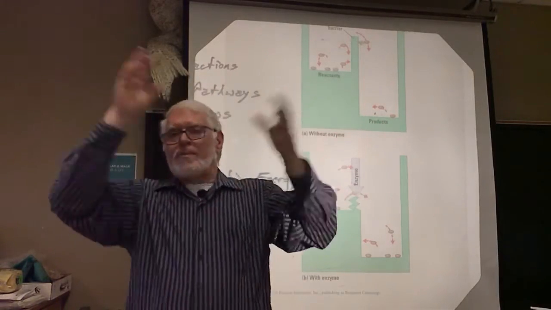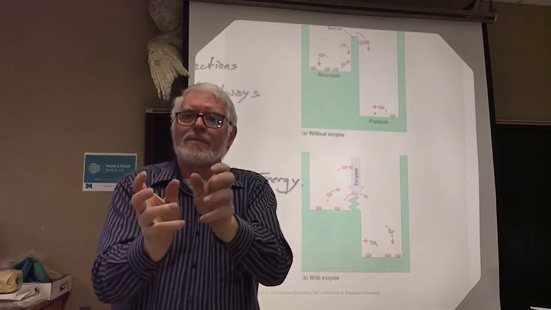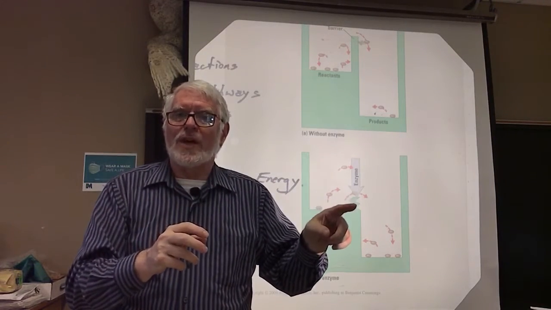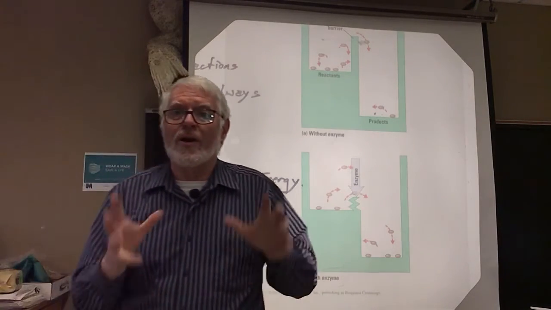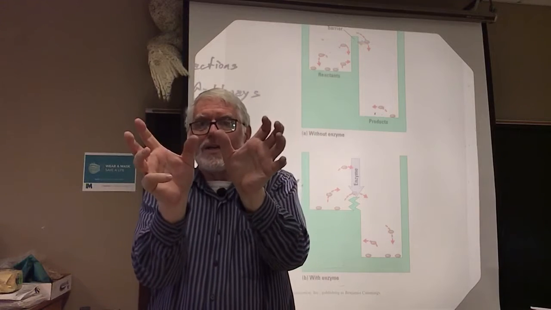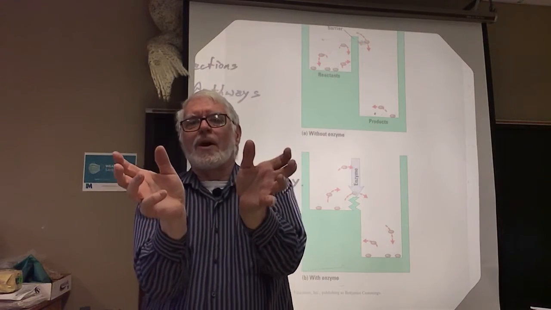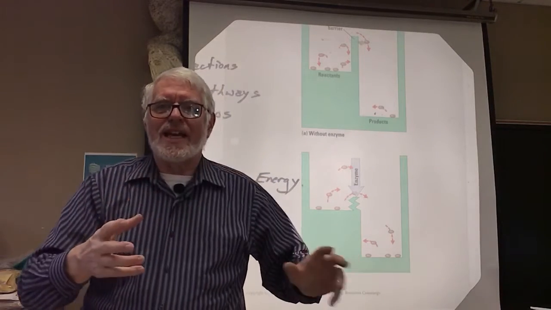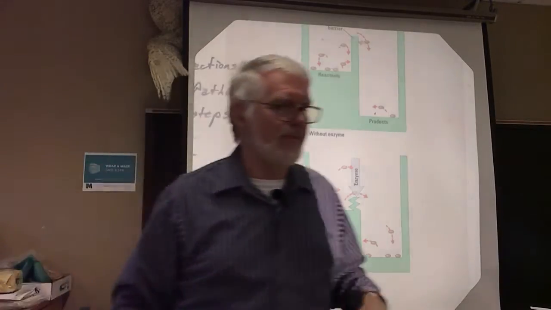Doesn't take anywhere near as much free bump energy as it does when you grab them and knock them together. So you knock this threshold down and way more of them will react. If you're breaking something apart, you grab onto it and you stress it and it makes it way easier to break it apart. So enzymes make it so it doesn't take anywhere near as much energy to get stuff to react the way that you want it to react.